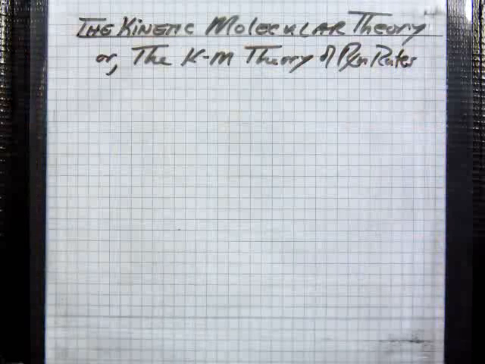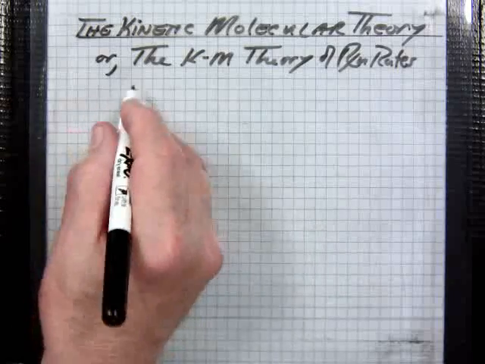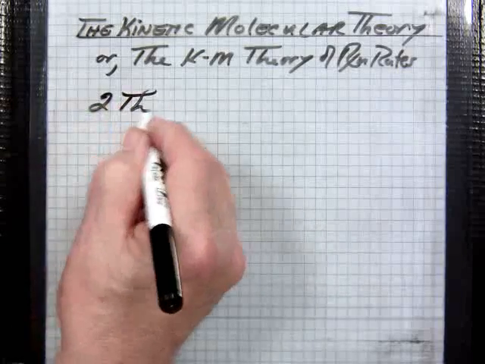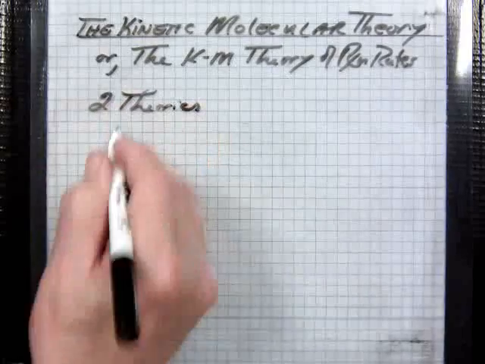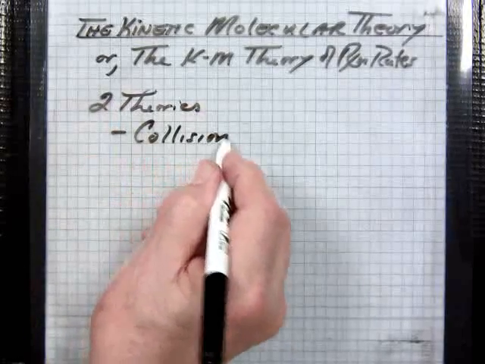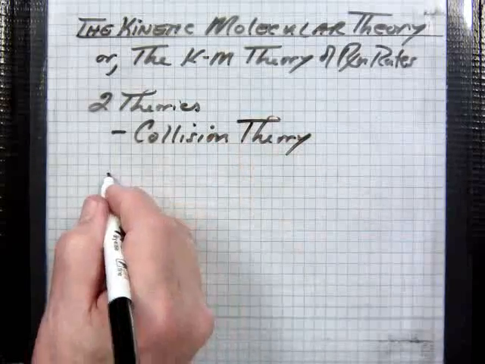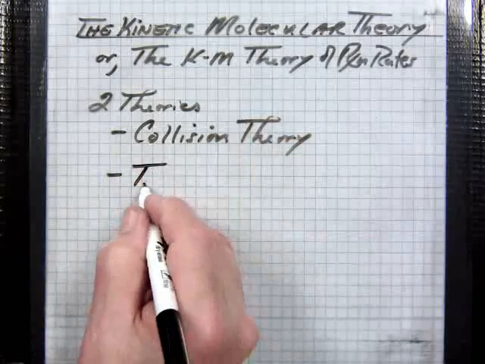This is divided into really two theories in itself. One we call the collision theory, and the transition state theory.